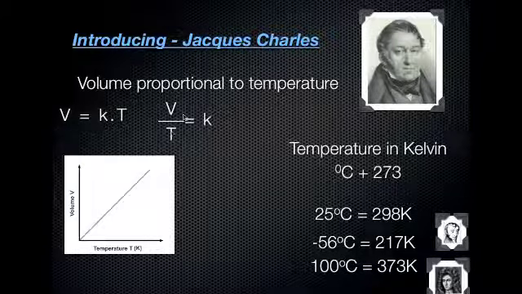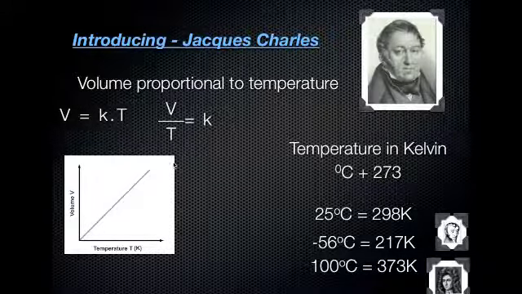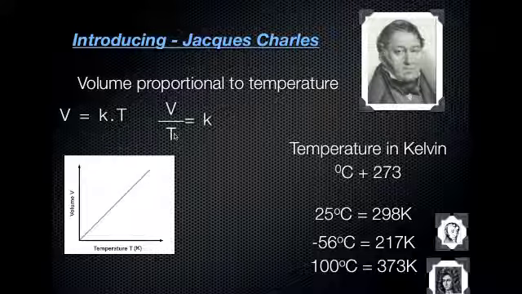So volume over temperature is equal to a constant. This constant for a set pressure and a set number of molecules will not change. So we have a ratio here, for a certain pressure, of volume to temperature. What this means is that if we change the volume, we're going to change the temperature.